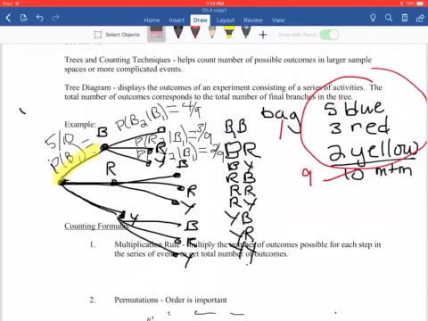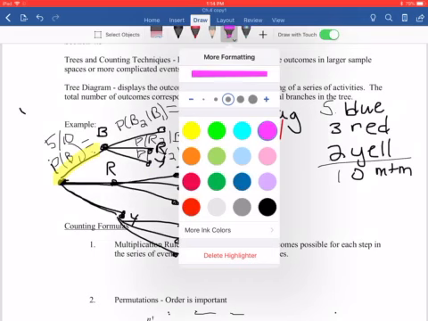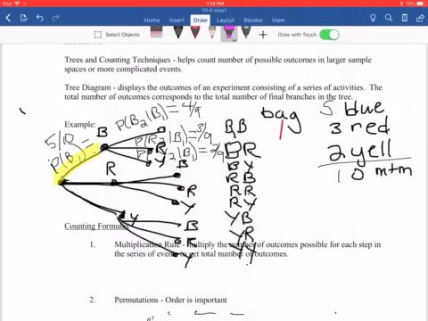So then this would change here. Okay, for this second branch, probability of red on the first draw is 3 out of 10, right?